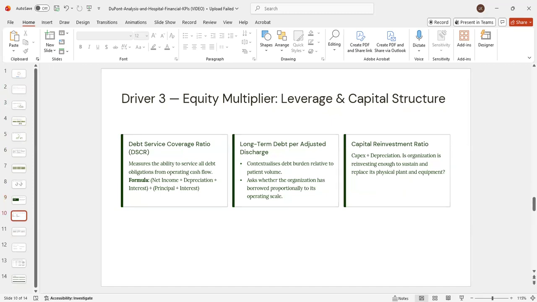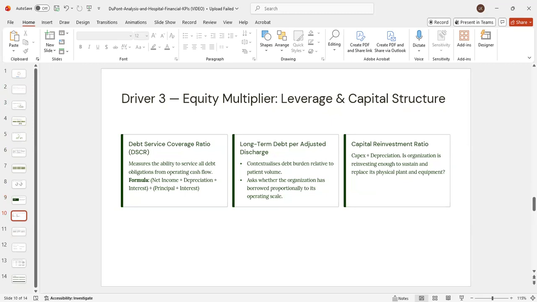Now let's look at the third and final component of the DuPont equation, the equity multiplier. The capital structure component of the DuPont equation is particularly important to the physician leader.